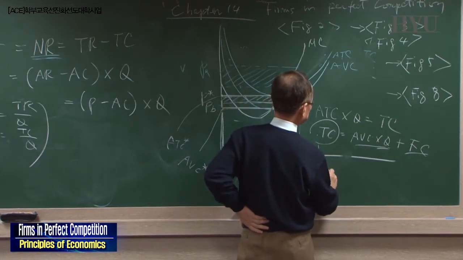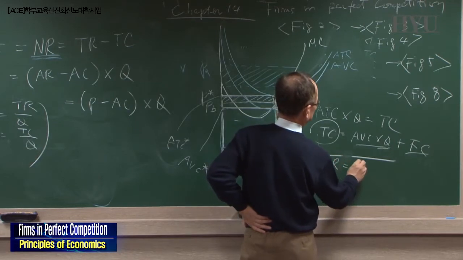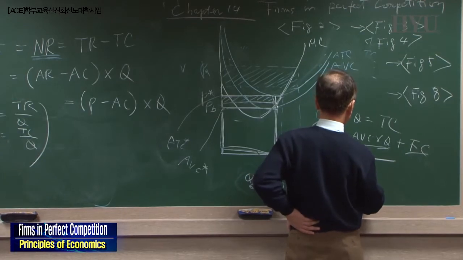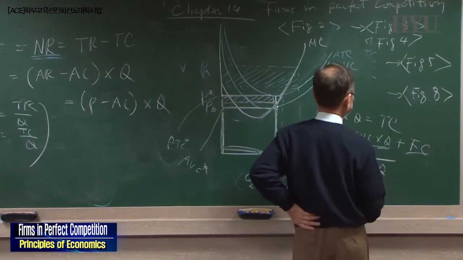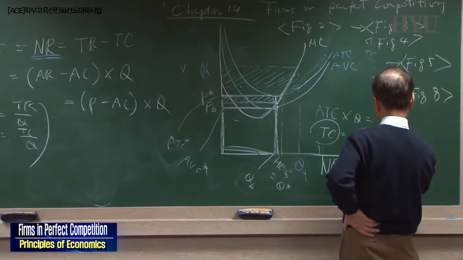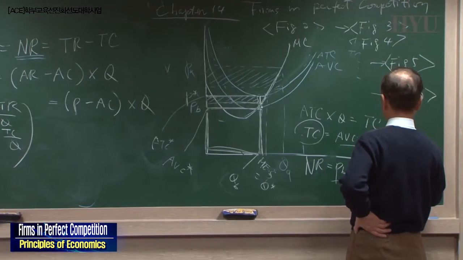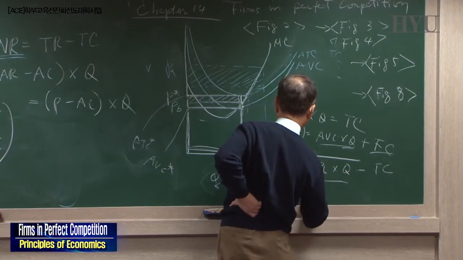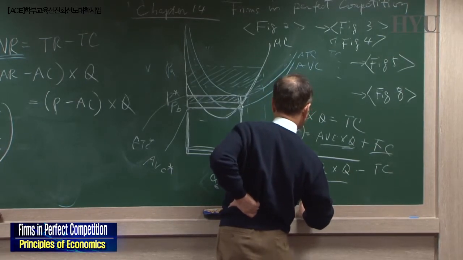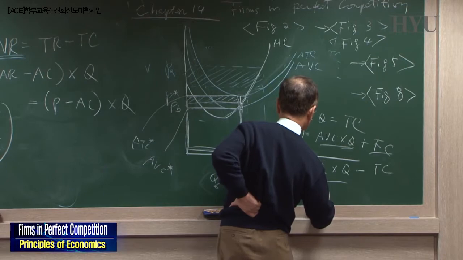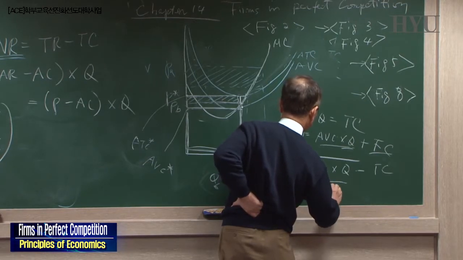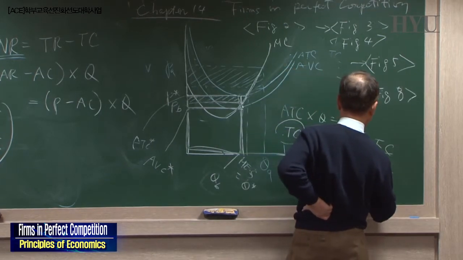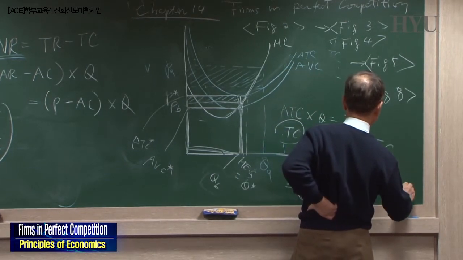Or put it differently, let's calculate. Net revenue equals PB times Q, this is total revenue, right? Subtracted by total cost. And then we come up with this: PB minus ATC times Q. Or, PB minus AVC times Q minus FC.